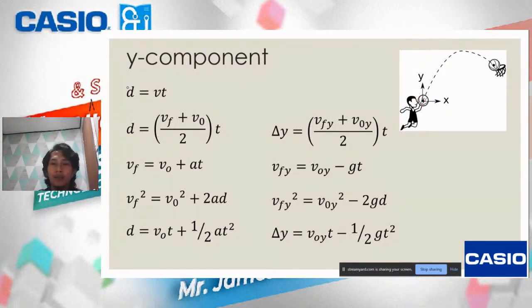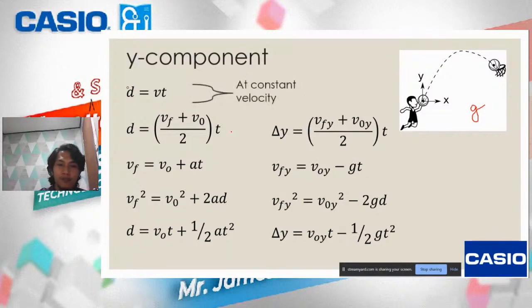Okay? At yung naka-influence doon ay ang ating gravity. That's the reason why we are using these equations. But instead of using an unknown value of acceleration, we are going to use the value of g.